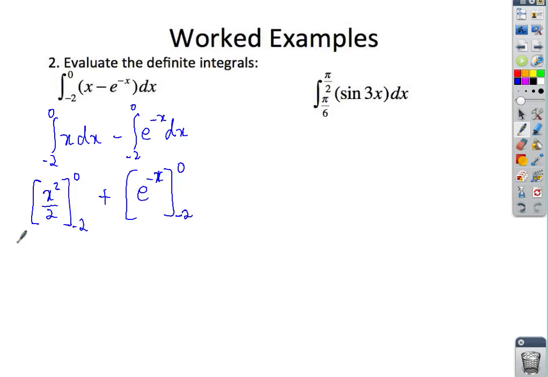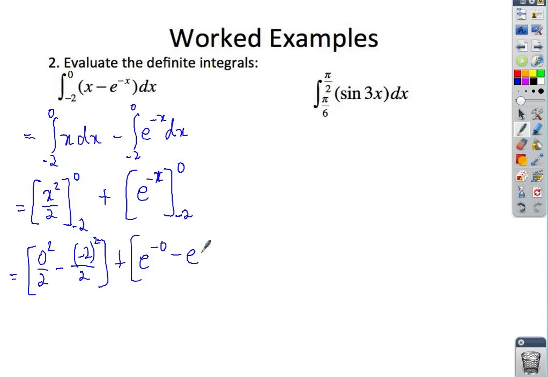So now, equals here. Into the first set of square brackets, I'm going to substitute 0 first. So we get 0 squared over 2. And then I'll subtract, and then substitute in negative 2 squared over 2. And then the second set of brackets is the same thing. We substitute in our upper boundary, so e to the negative 0 minus e to the negative of negative 2.